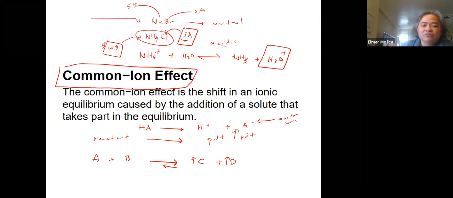So when you have a common ion effect, just like what happened when you add more products to a system at equilibrium, it's going to shift. It is an ionic equilibrium caused by the addition of a solute that takes part in the equilibrium. So this is still just a continuation of your concept of equilibrium. So how is this common ion effect seen?